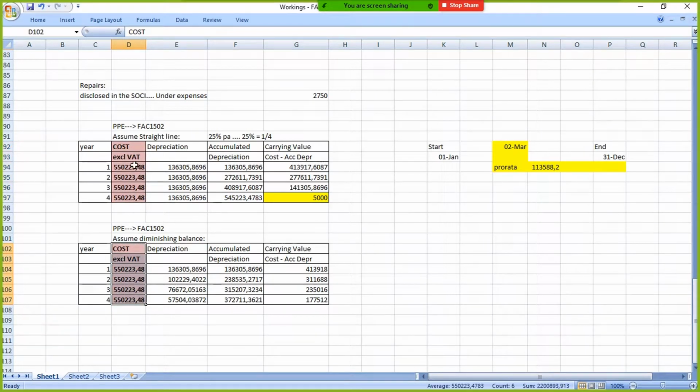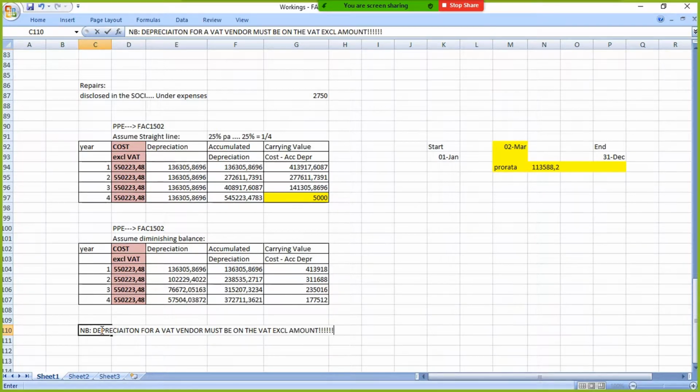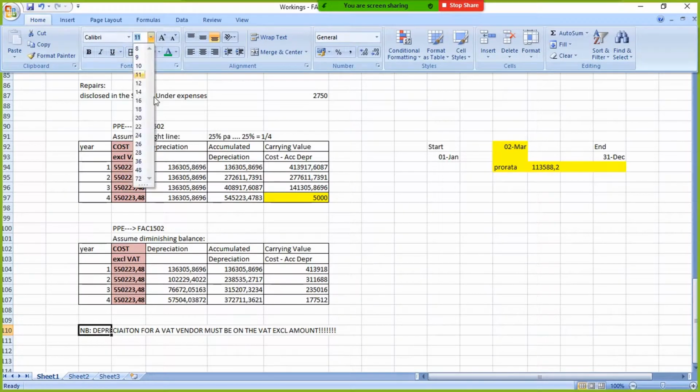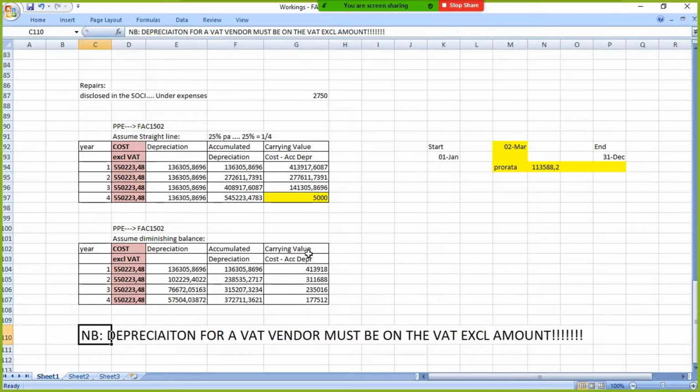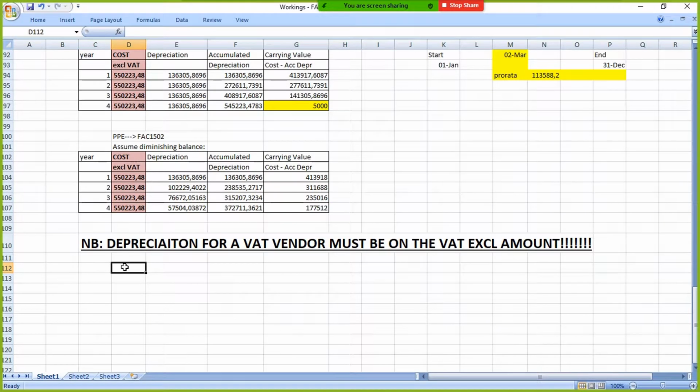You have to use excluding VAT if you're a VAT vendor. Maybe as a note here: depreciation for a VAT vendor must be on the VAT exclusive amounts. Always, always, always. You never, ever include the VAT. Because what happens when you buy the machine?